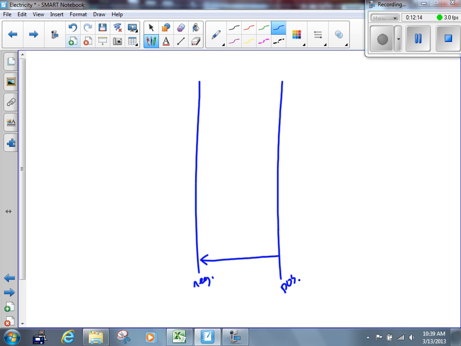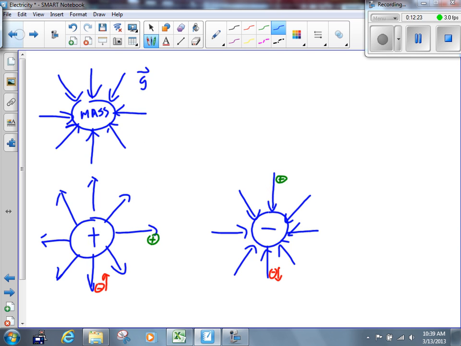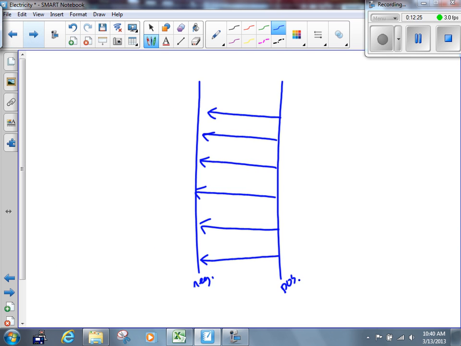Now, what's the big difference between this electric field that I'm drawing right now and this one and this one? What's the big difference with this electric field? Good. It's a uniform electric field. No matter where you are, the strength of the electric field is the same.